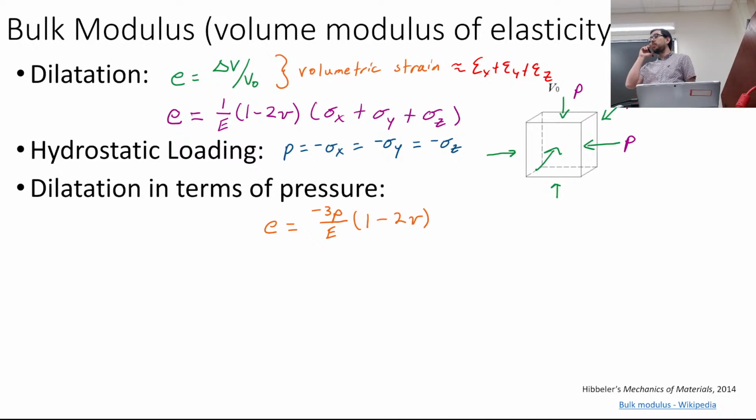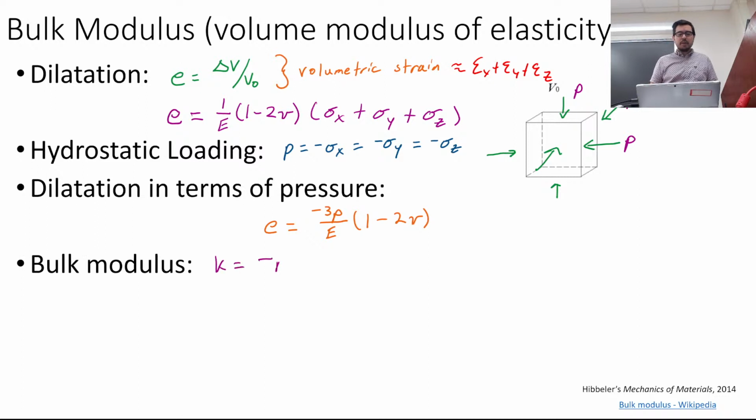Has anyone used an air compressor before? Maybe you put your object in the air compressor, and now it's being compressed by that pressure. We will talk about pressure vessels, which is a slightly different thing, soonish in this class. But right now we're just talking about this object that's being pressurized.